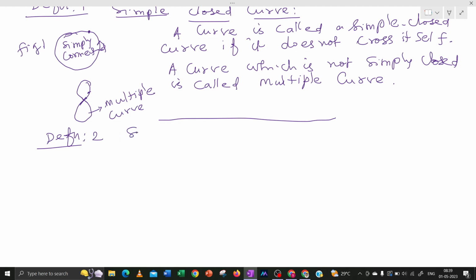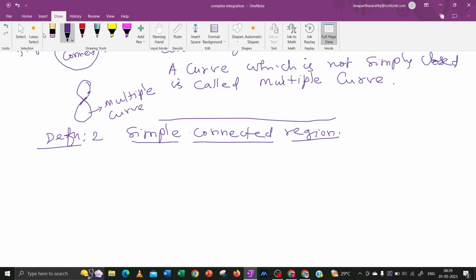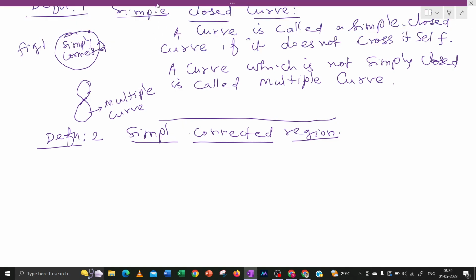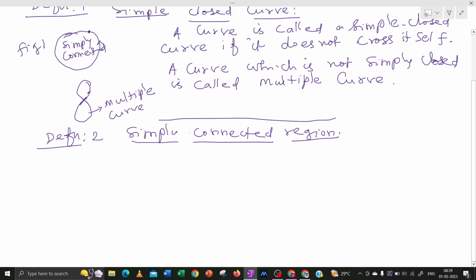Simply connected region. See, simply connected region means, once again you consider the same curve starting from here and ending here, or you can consider one square.